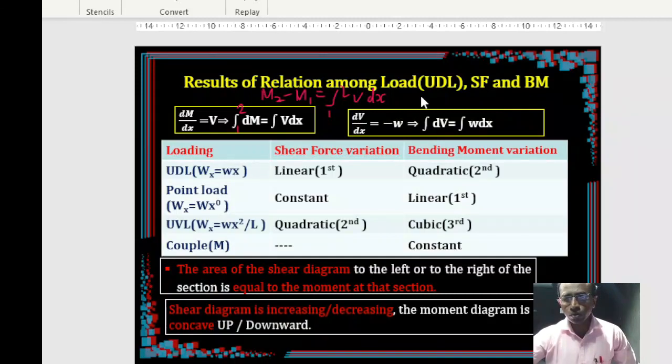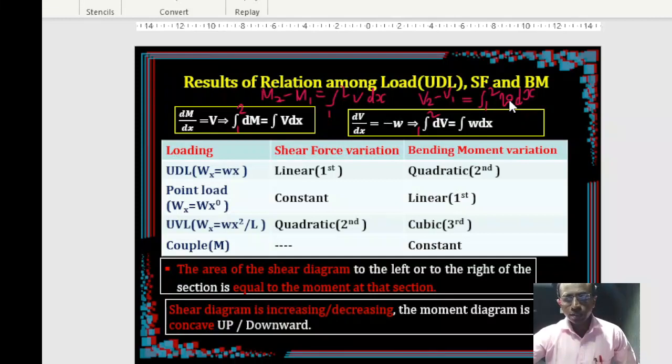If you select two different sections and want to know the shear change between those two points, V2 minus V1, I can simply find the area of the loading diagram between points 1 and 2, that is, W times dx. This is another relation that we can derive from the concept of relationship among these three quantities.